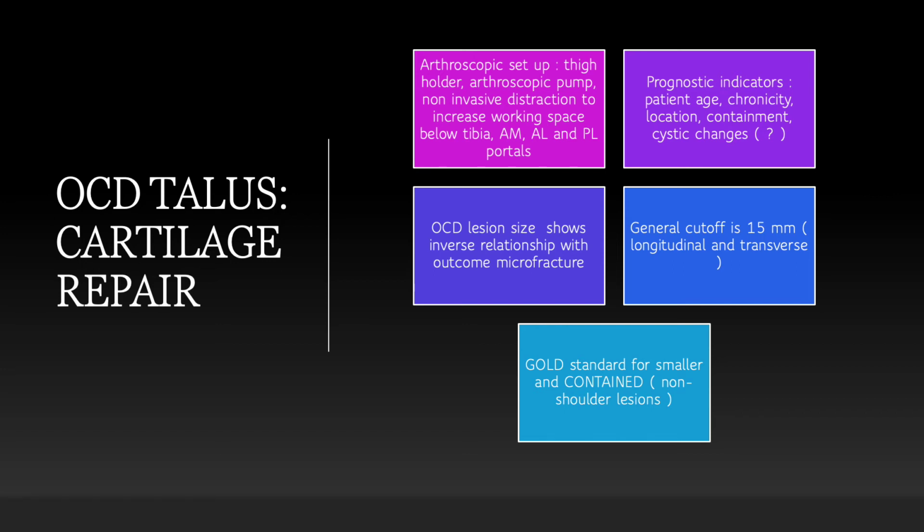But for those lesions 15 millimeters or less, which are contained and have good subchondral bone, this has been deemed the gold standard for quite some time. I prepared this presentation about 1.5 or 2 years ago, and there is now in the literature some debate as to whether this should continue to be the gold standard for these lesions compared to regenerative techniques.